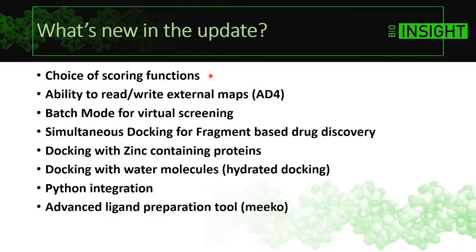In earlier AutoDock Vina, a default Vina function was used, but now you have a choice of using three different functions. One is AutoDock 4, which is another popular scoring function from AutoDock. One is the default Vina function, and the third is Vinardo, which is a slightly modified, improved function for scoring the poses. So you can now choose any one of these scoring functions to score your poses and then analyze your data.